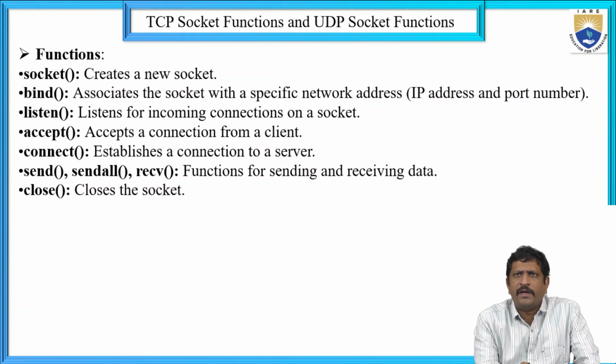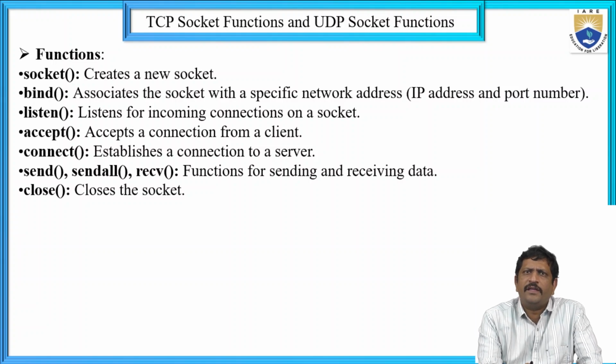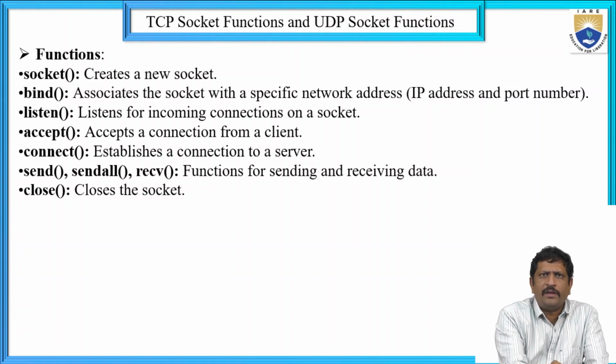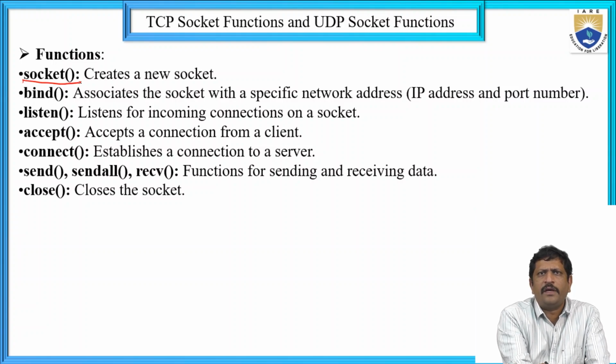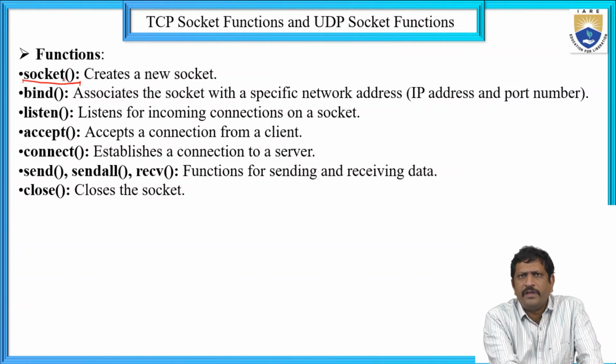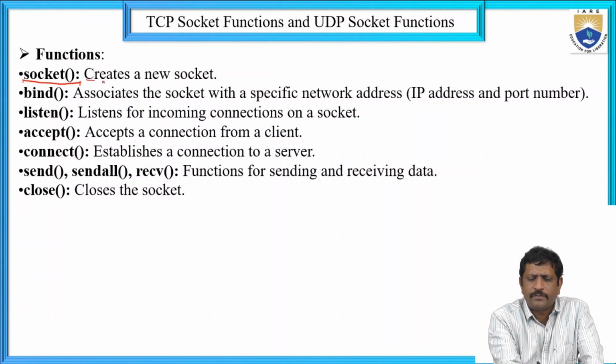The functionalities in a TCP socket. What are the functions we are utilizing for effective communication? Generally we are using the socket function. With the help of the socket, we are creating a new socket.